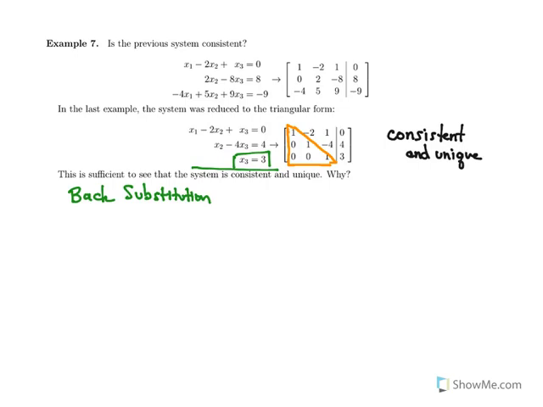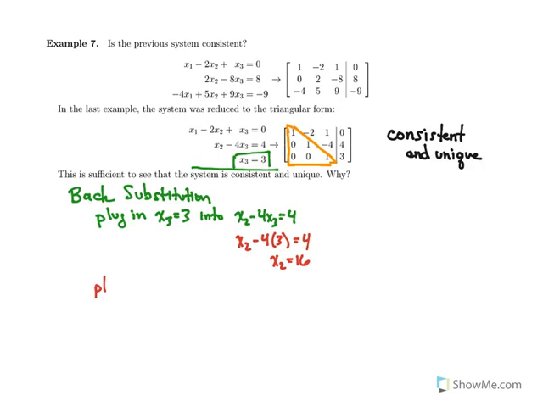We can plug that into the previous one and get an answer for x2. So we plug x3 equals 3 into x2 minus 4x3 equals 4, and that gives us x2 minus 4 times 3 equals 4, or x2 equals 16.